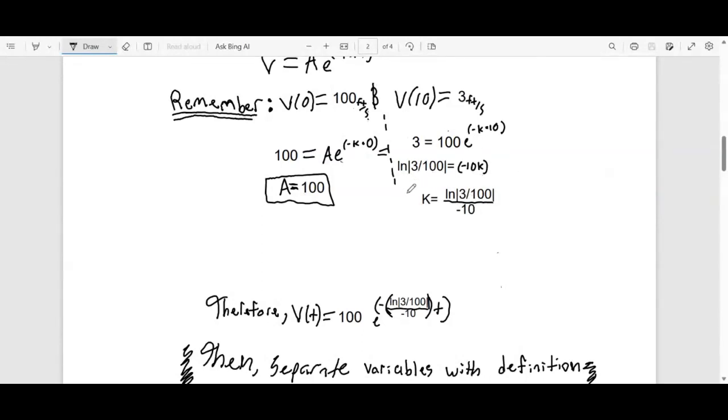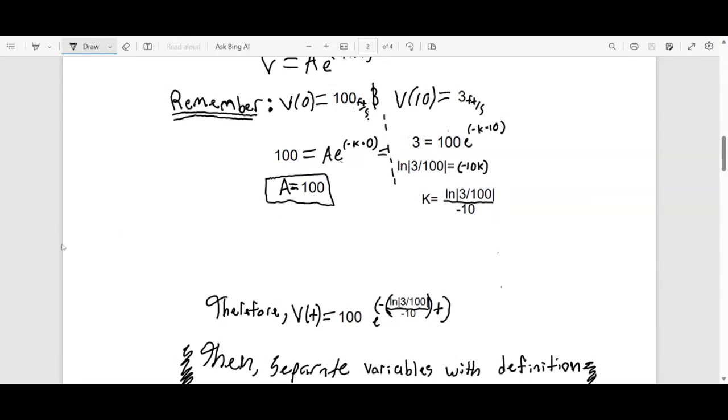That gives ln of the absolute value of 3 over 100 equals negative 10k, and then we divide by negative 10, so k equals ln of the absolute value of 3 over 100, over negative 10. So that's our k, and this is our a.